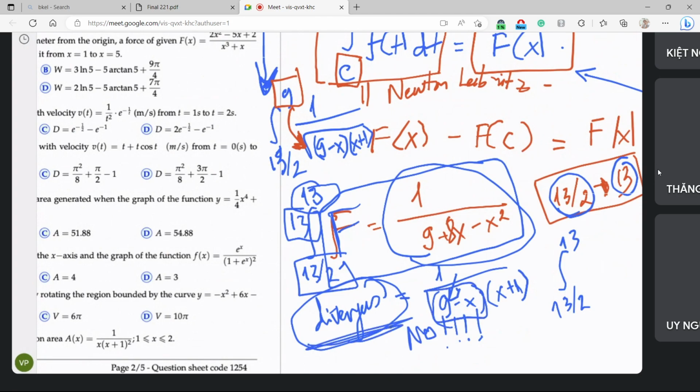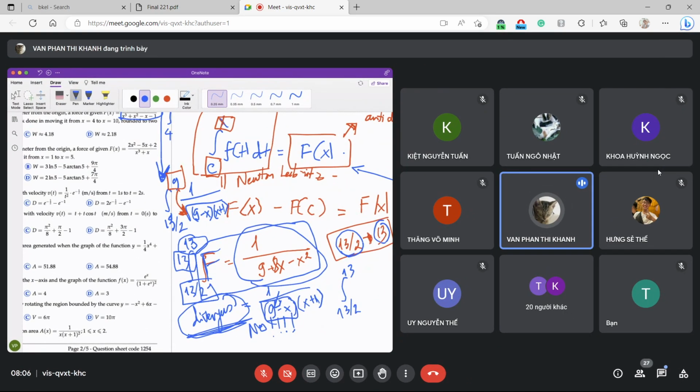Have you studied the method to determine if it's divergent or convergent? Yes or no? At the beginning I asked you if you studied or not, but I didn't receive the answer, so I don't know. Do you understand what I mean here?